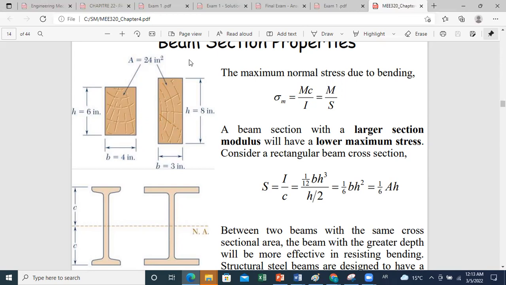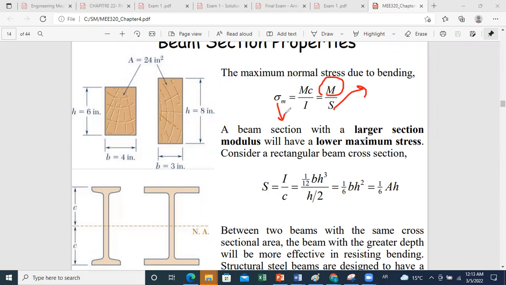Here we have developed together that the maximum stress is given by M over S. If we are restricted to a certain load, the bending moment will be imposed. So we can change the geometry of the cross section in a way to increase S for reduction of the maximum developed stress.